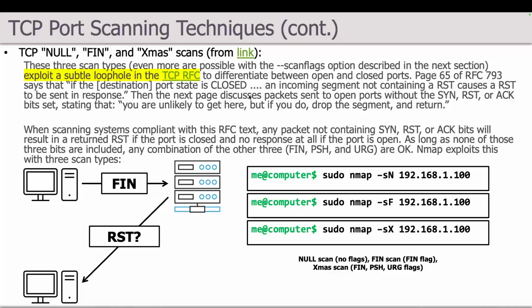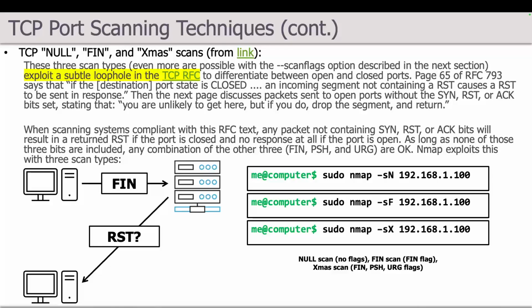Then there's other documentation in the RFC as to what should happen when you start off by sending a packet that doesn't have SYN, reset, or ACK set. If the port is closed, it's supposed to return a reset. If the port is open, maybe it's an edge case, maybe it's not fully specified, but the default reading of the RFC says there should be no response back at all if the port is open.